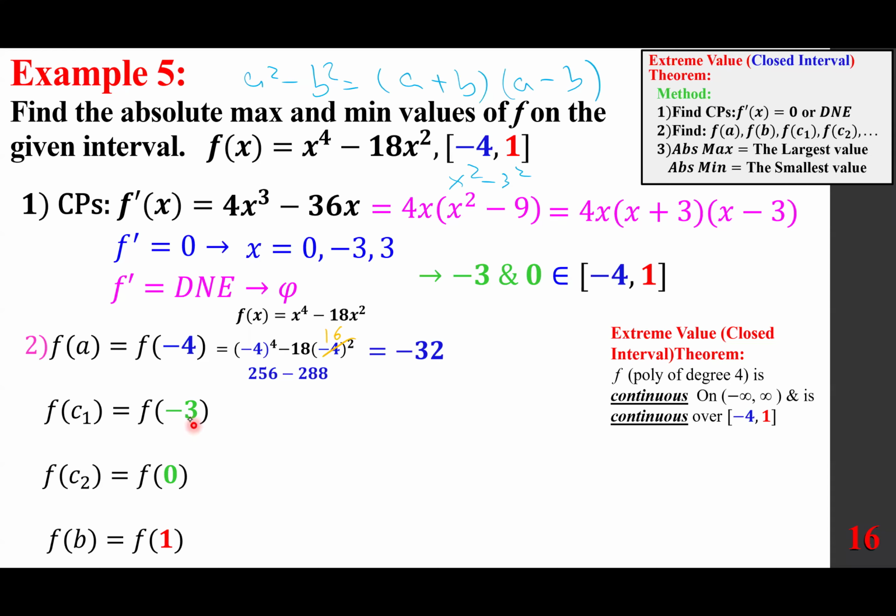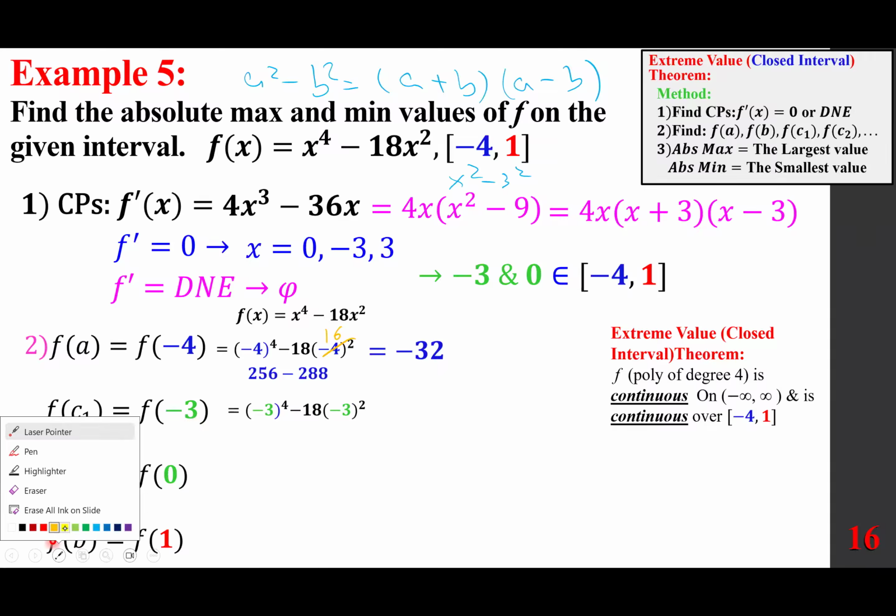Plug in negative 3. Again, negative 3 squared is 9, which makes this one 9 squared, or 81. Negative 18 times 9 is 162. So 81 minus 162 makes it negative 81.